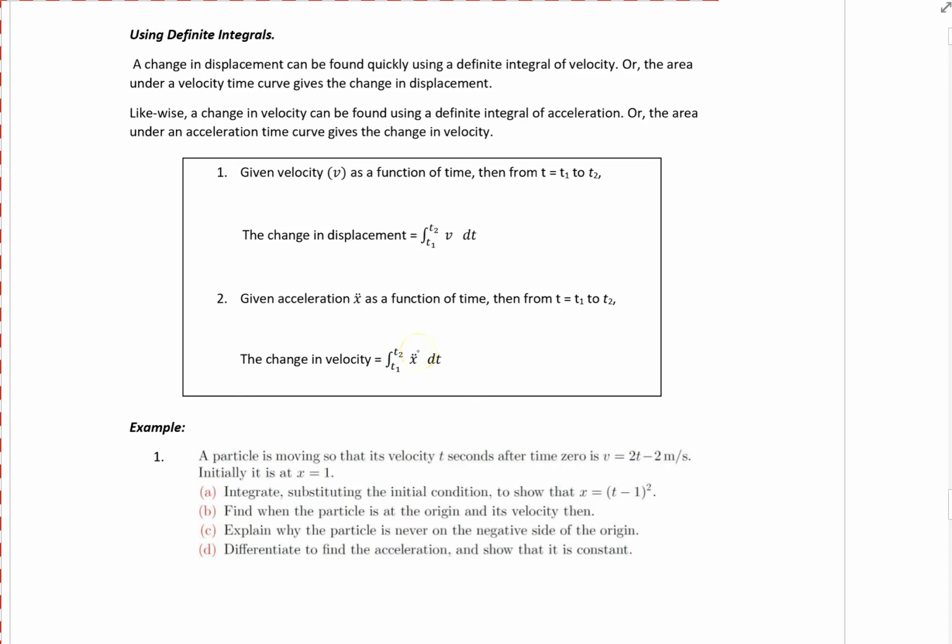The most common sort of question will be more or less asking you about instantaneous velocity at an instant, and you will need to integrate acceleration to get an expression for velocity, and then once you've got your expression for velocity, you can sub in a value of t to find the velocity at an instant. So I'm just trying to distinguish between questions where you're asked for a change in displacement or a change in velocity, as opposed to instantaneous displacement where you're displaced at an instant.